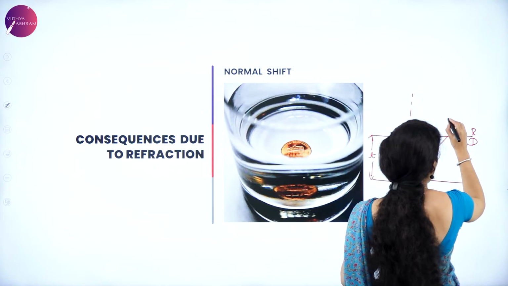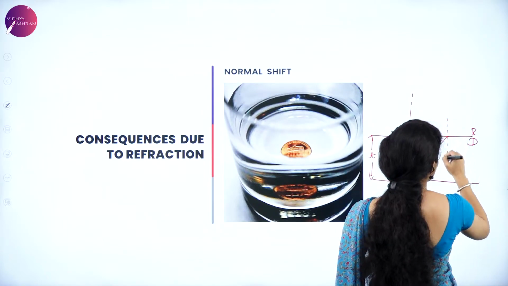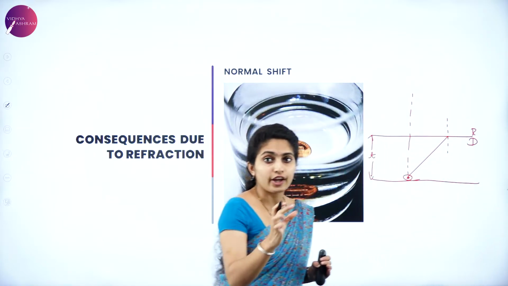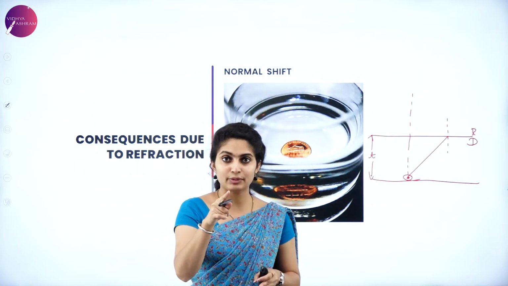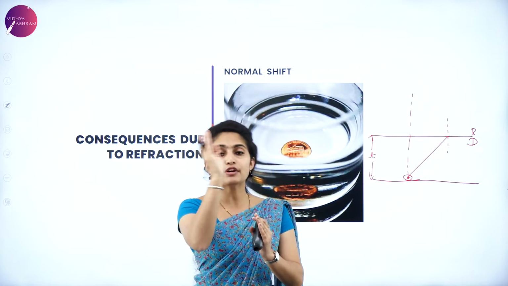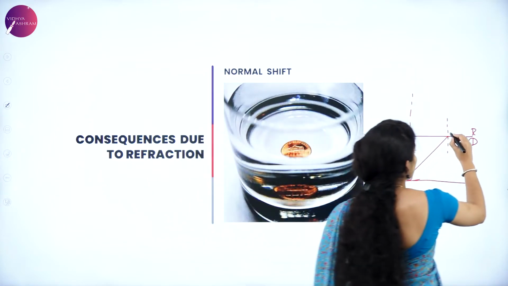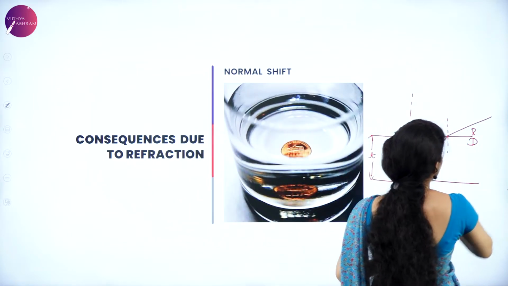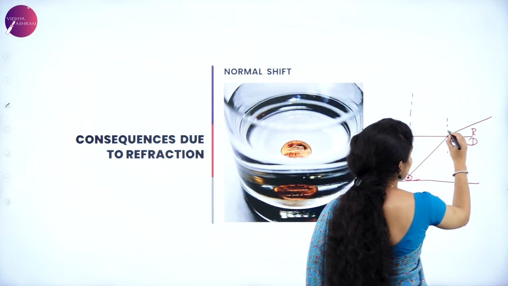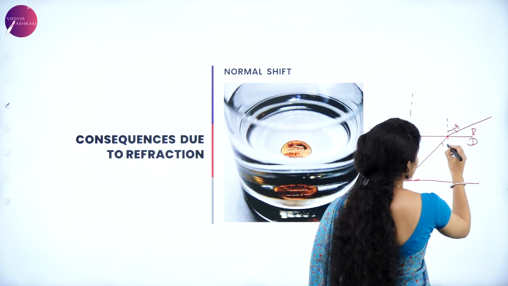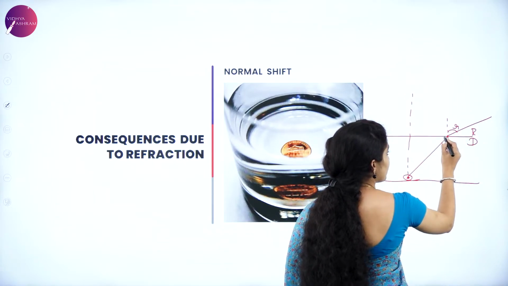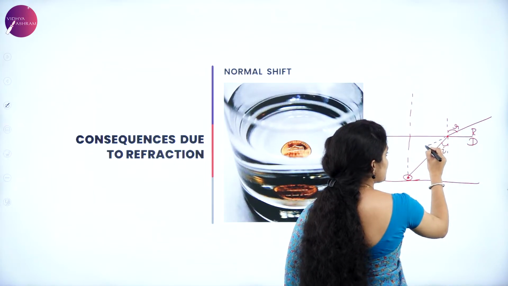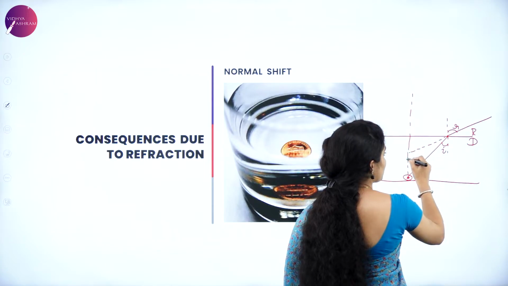When a normal is drawn to the surface and a ray of light travels from a denser to a rarer medium, it shifts away from the normal. So it is away from the normal over here. This will be your refracted ray. This is your incident ray. And let us put the original path drawn to it.